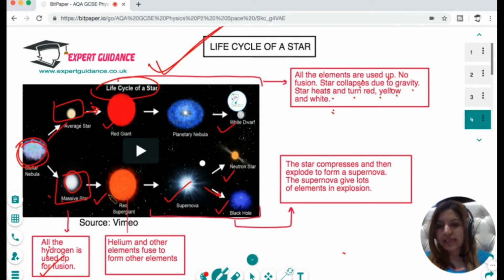Now, in the supergiant, helium and other elements fuse to form other elements, and when the star explodes, it compresses and then explodes to form a supernova, and the supernova gives lots of other elements in the explosion. So you should know the difference between the life cycle of a star if it is the size of the sun or greater than the size of the sun.